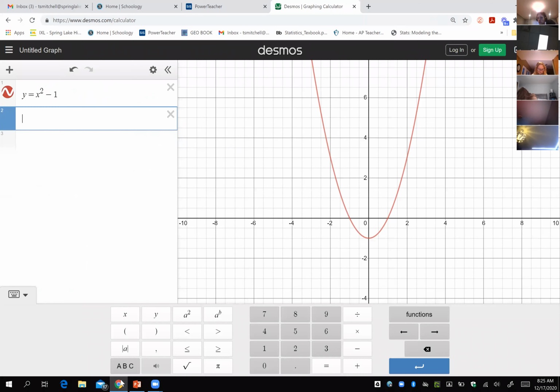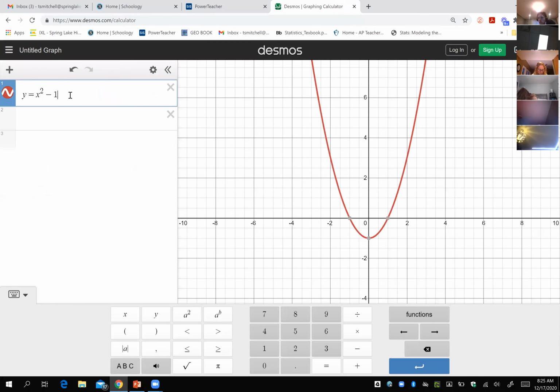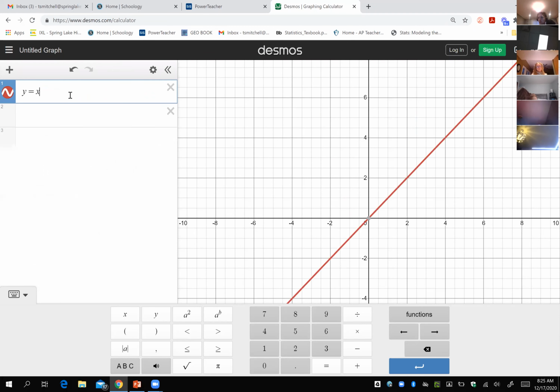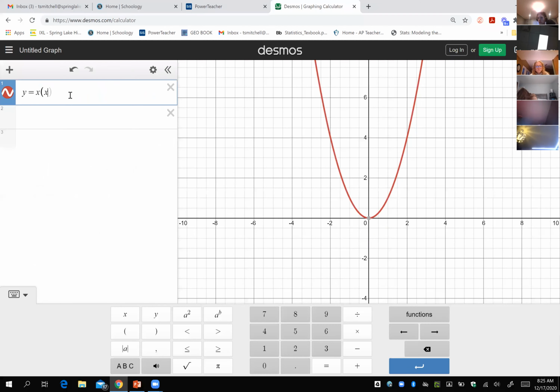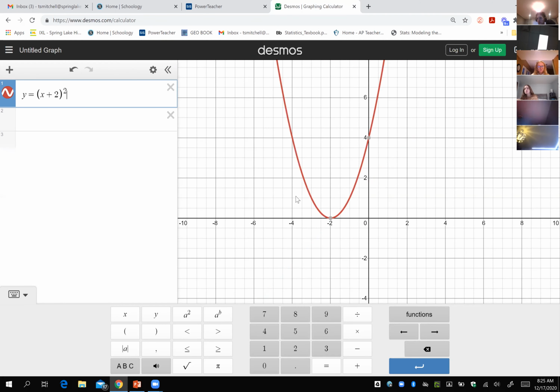All right, so our original equation was (x plus 2) squared. Parentheses x plus 2, and then squared. So there's the original. That one's a parabola that's been moved left 2.